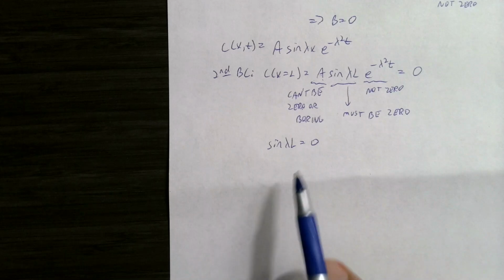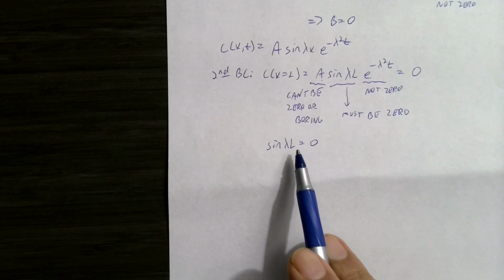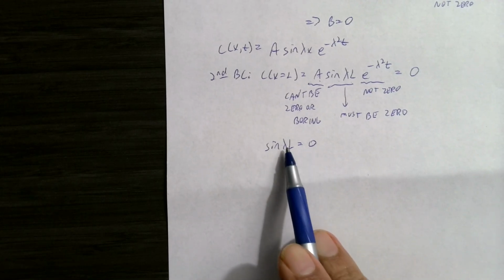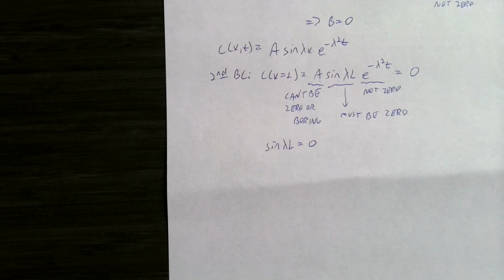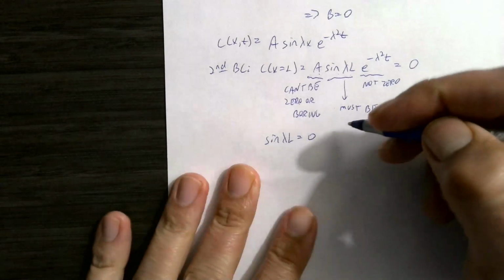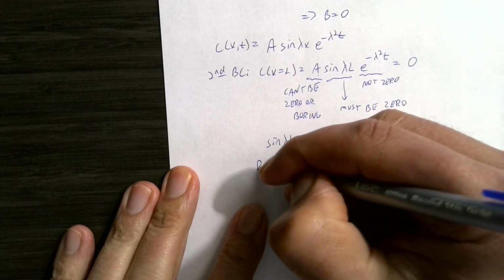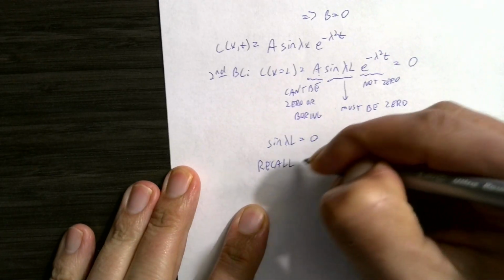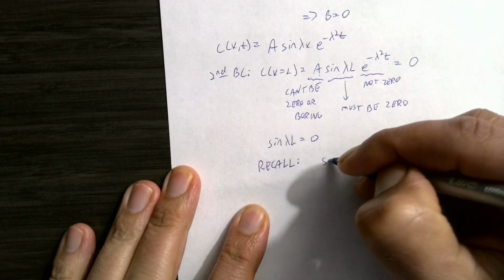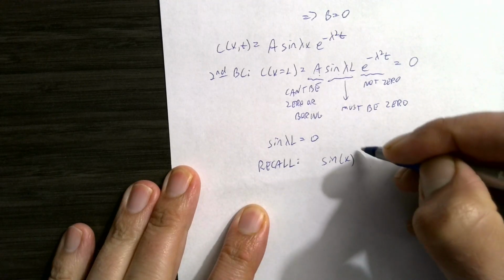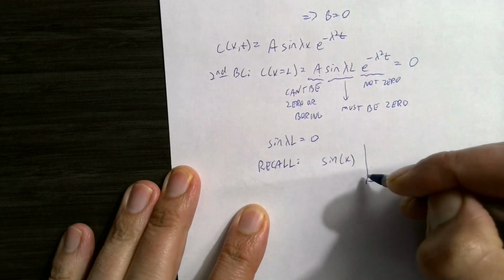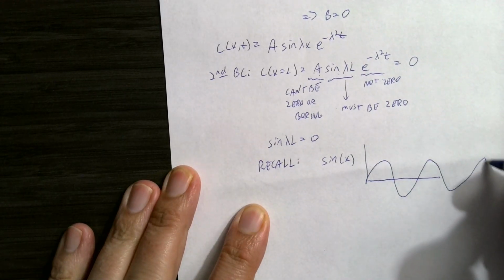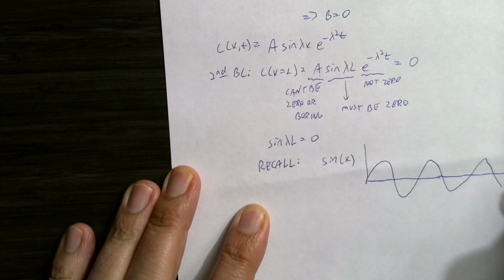And it turns out that this is true for an infinite number of possible values of lambda, because if you recall, sine of x looks like a wave, right? And so it looks like this. Okay.